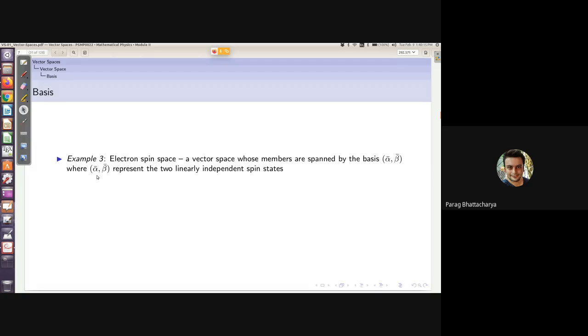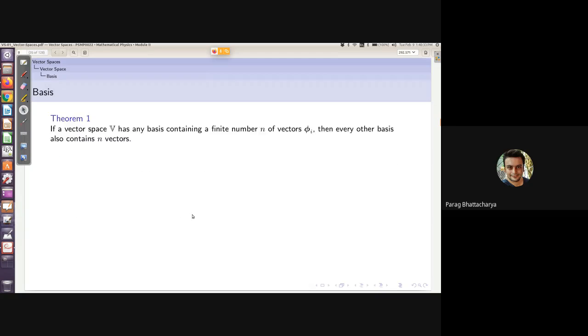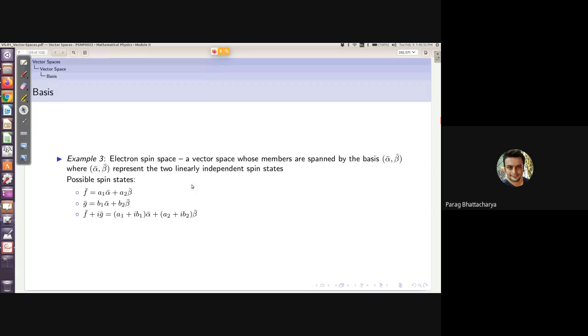So these are linearly independent or orthogonal spin states. Possible spin states could be a1 alpha plus a2 beta, or b1 alpha plus b2 beta, where alpha and beta are multiplied by, instead of real numbers, complex numbers. So that's your electron spin space. So your basis could be anything. That's the key point that you can take here.